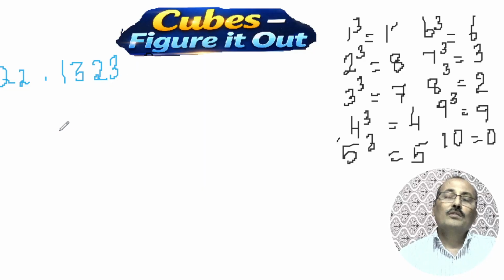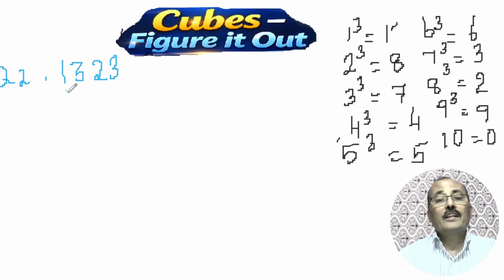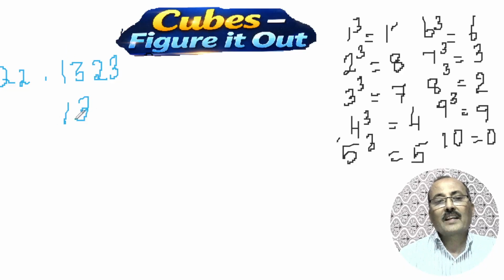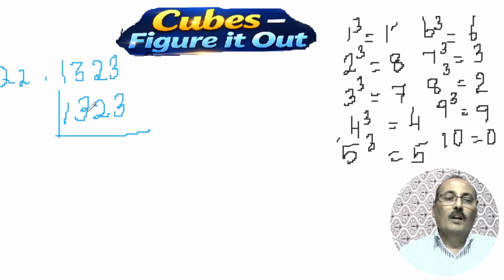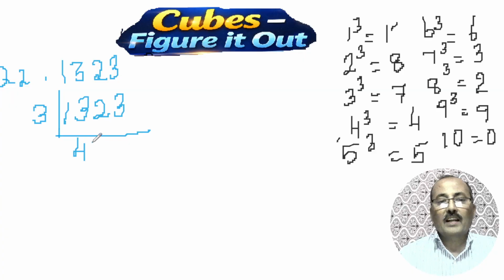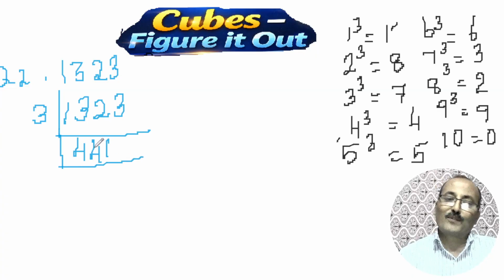To check a perfect square you did prime factorization, so here also you use prime factorization only. 1323: 1 plus 3 is 4, 4 plus 2 is 6, 6 plus 3 is 9. It is divisible by 3, because it is not an even number, that's why I am adding and checking for 3. 3 fours are 12, 1 remainder, and 3 fours are again 12, and 1, 441. This is 21, 21s are 441, I know.